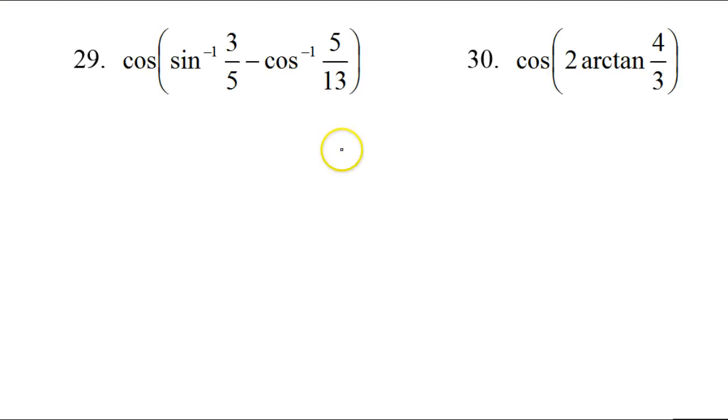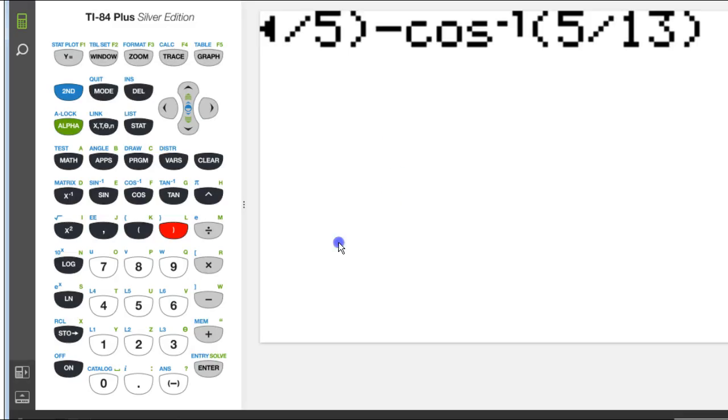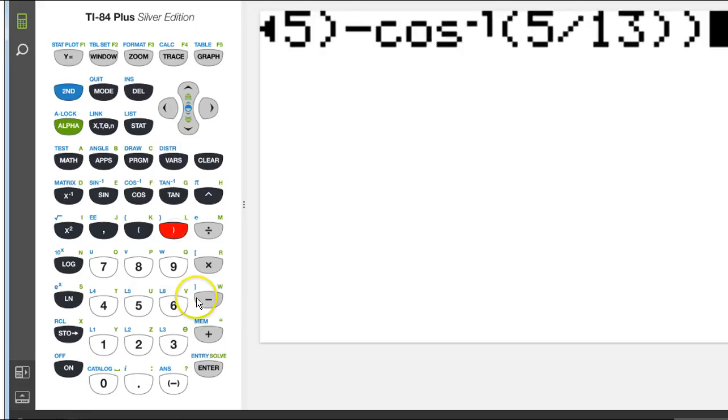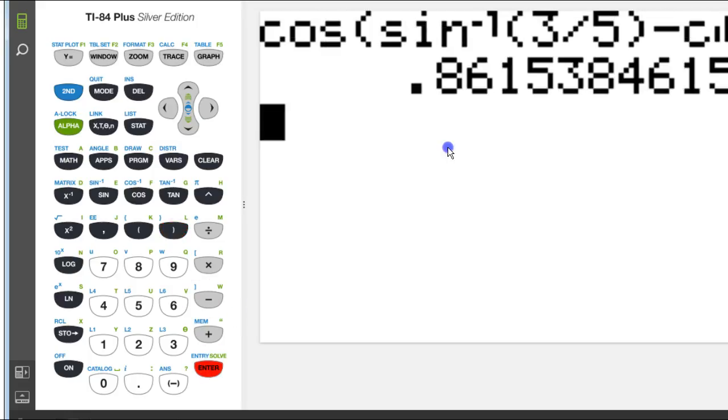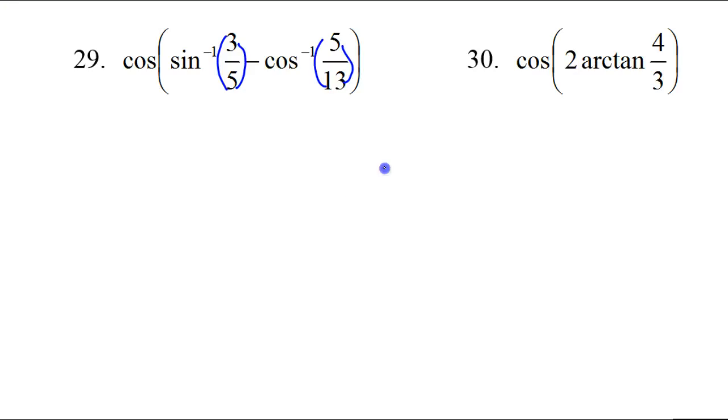And again, that's the end, so I need to close the larger parentheses as well, because we have parentheses in here, but then we have the larger parentheses. So I'm getting 0.86 if I round to the nearest hundredth.